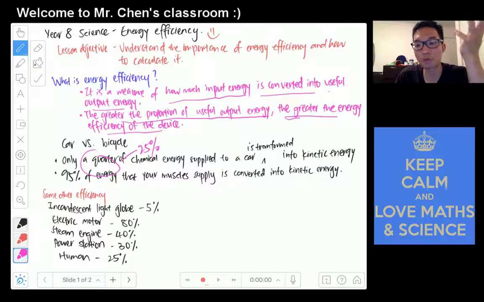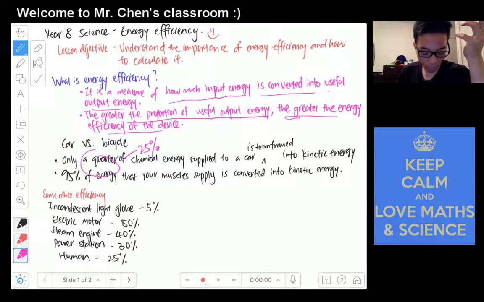But most of the time at your house, you really want a light globe that is higher than 5%. That's why nowadays we use LED. LED is much more efficient.